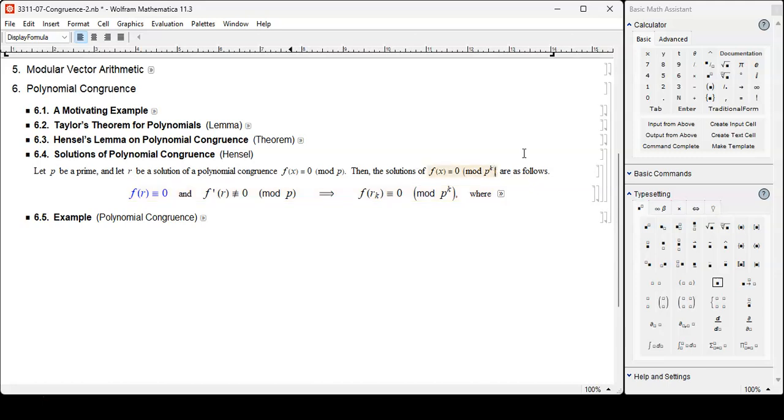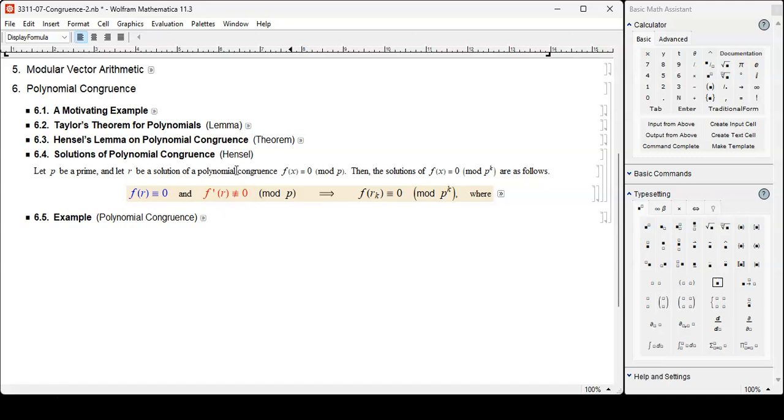Then the solution of f of x congruent to 0 mod p to the k power, the kth generation, follows from some additional condition here, which is a big restriction as a matter of fact. If the derivative evaluated at R is not congruent to 0, then you cannot use this. You have to do some other reduction, which is in many cases possible, but you have to do it case by case. Let's not consider those kinds of things.